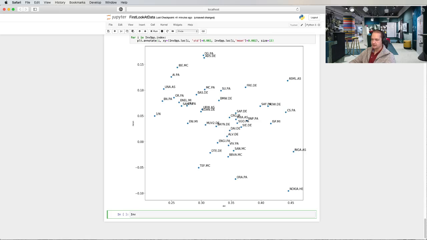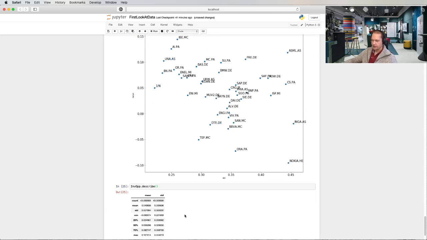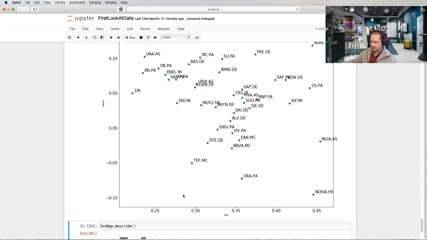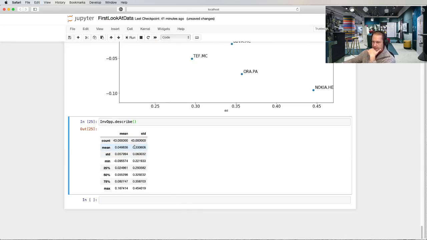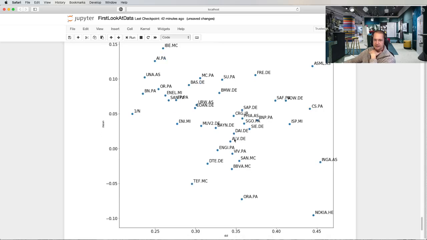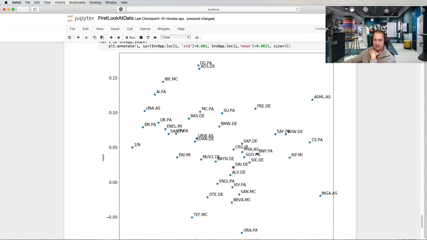We could, for example, do inf op as a pandas data frame and just describe. So that is together with the 1/n portfolio, and just the standard deviation. The average firm had a standard deviation of 33%. That's what I exactly meant in that graph, somewhere here. 33 is the average.